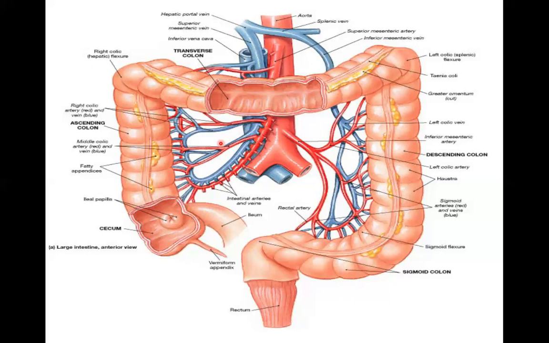The midgut region of the large intestine is supplied by the superior mesenteric. Its branches to the large intestine are the ileocolic artery, the right colic artery, and the middle colic artery.